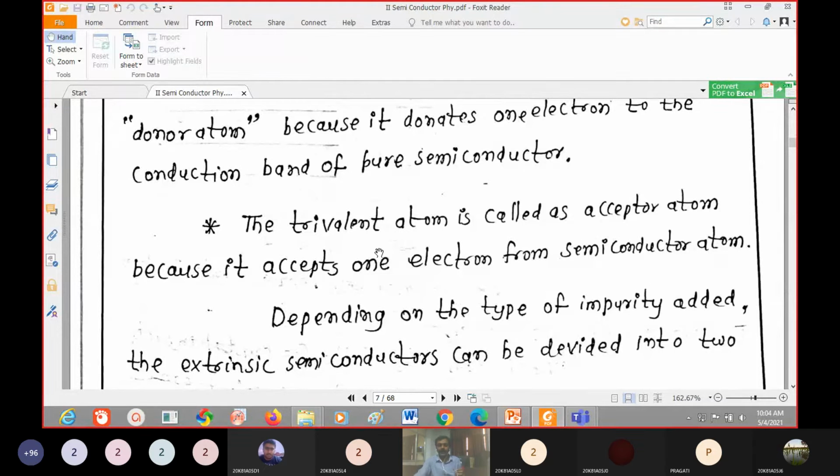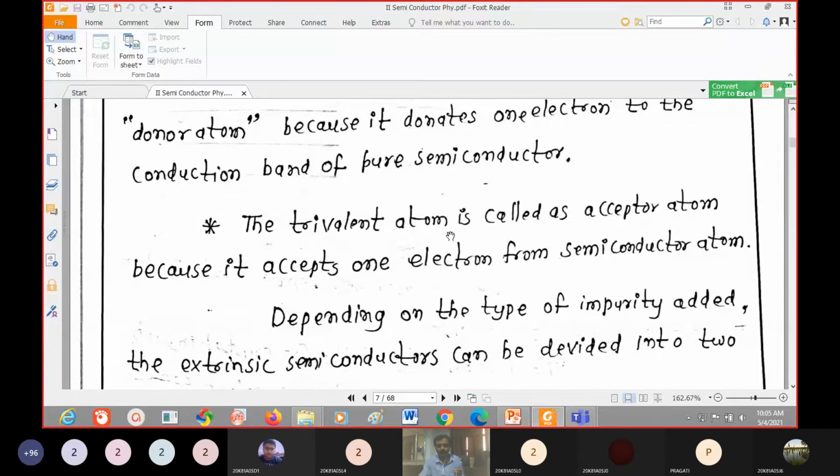Trivalent atoms have only 3 electrons in the outermost shell, while germanium or silicon has 4 valence electrons. So the germanium atoms bond with the trivalent atom, but one more electron is required, which the trivalent atom does not supply.